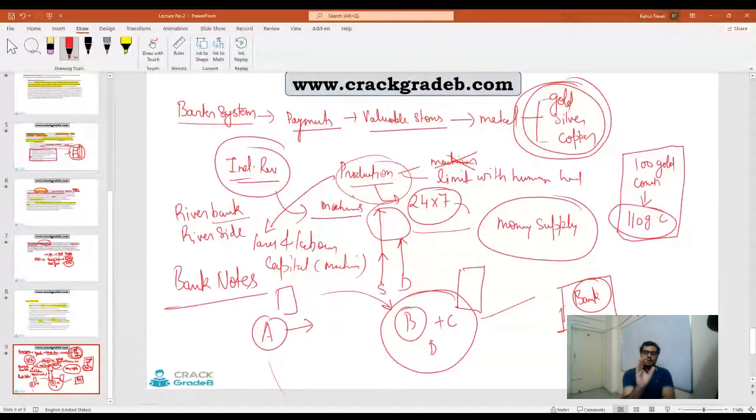What you can see on the Indian rupee: I promise to pay. There is a promise made on the note, or not. I'm not talking about the currency, I'm just talking about the note. Right now, I am talking about the note issued by a bank, and people trust that note, and on the basis of that trust, they do transactions, business, trade, and commerce.